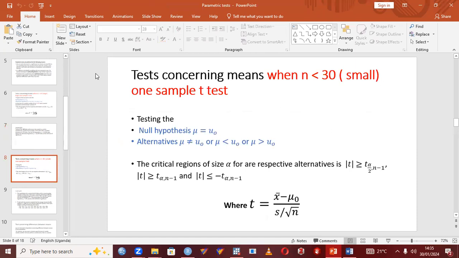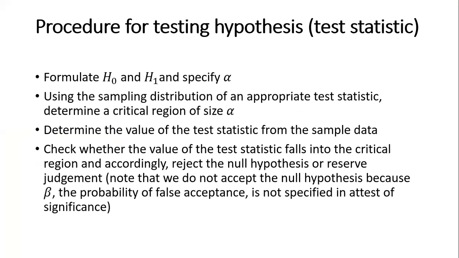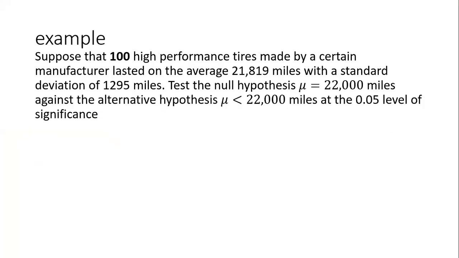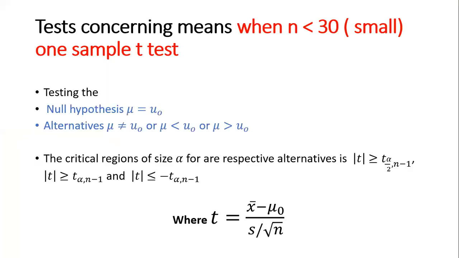So when the sample size is less than 30, we shall use the one sample t-test. And of course, we shall have our normal null hypothesis and also determine the rejection region. Then our statistic becomes a t-test.